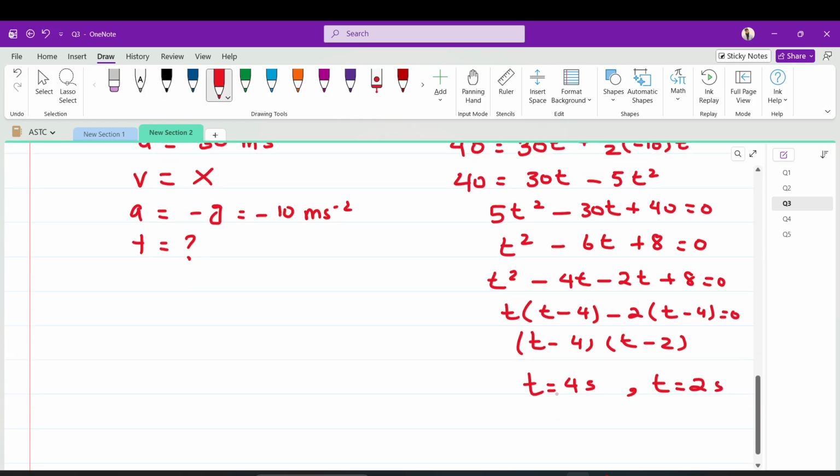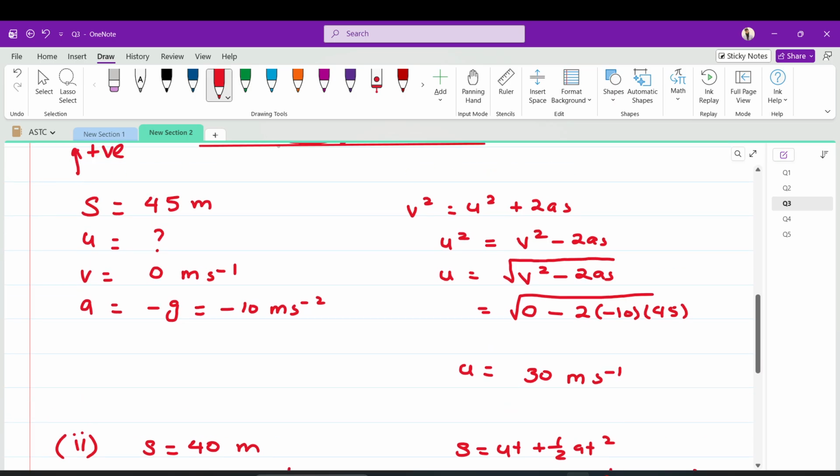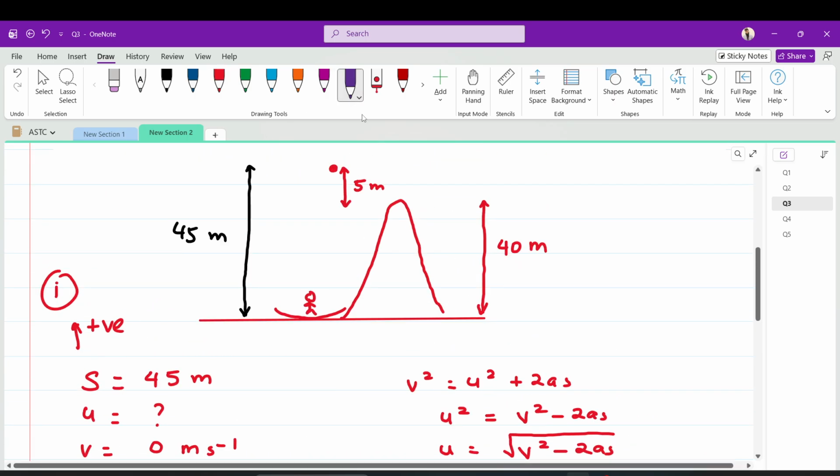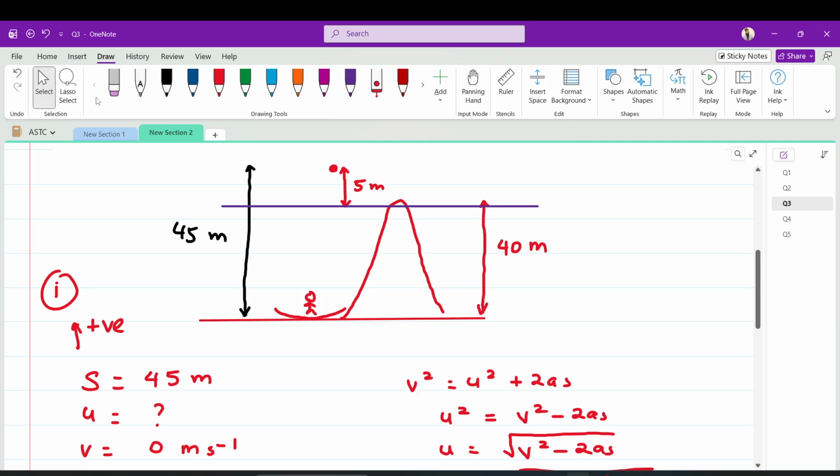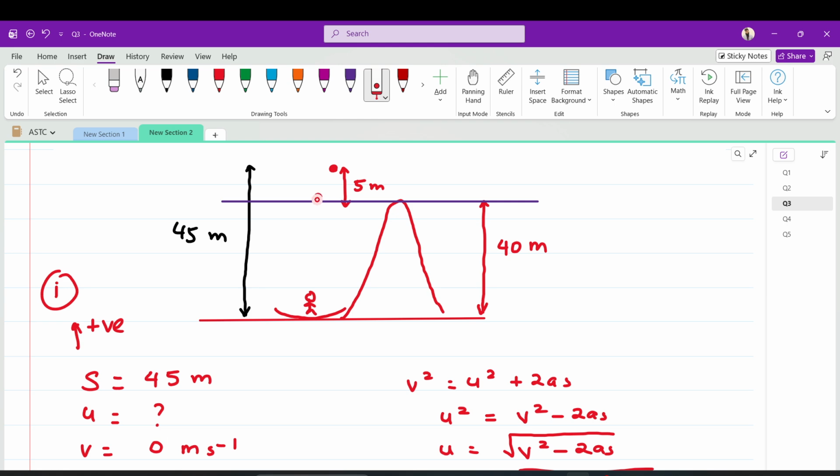Okay. Now, if I go back to the diagram, this is the top of the cliff. That means when it was traveling upwards, t was 2 seconds, and when it went all the way up and then came back down, at this particular instance t was 4 seconds.